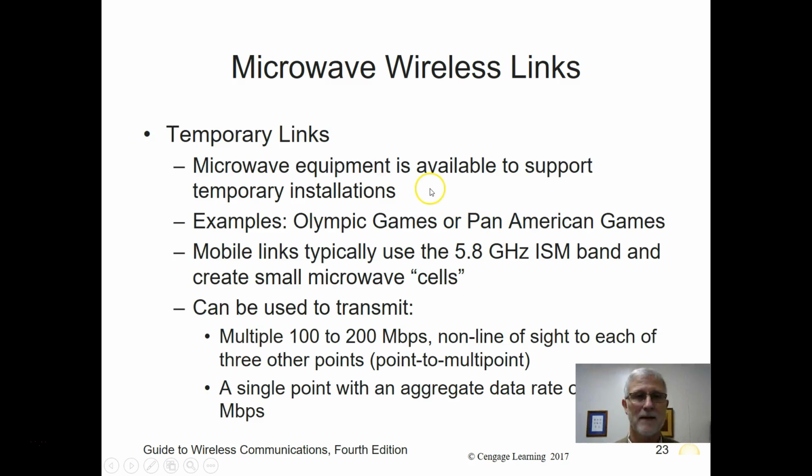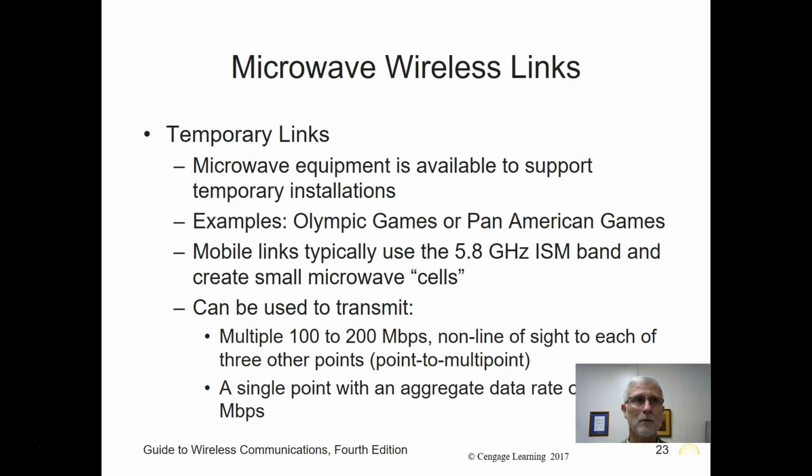Now, microwave links are great for temporary links, sporting events, the Olympics. They can come in, set up small cells, and transmit back, from all the telephone communication that's going on to the broadcasting of the event, all close by, wirelessly.